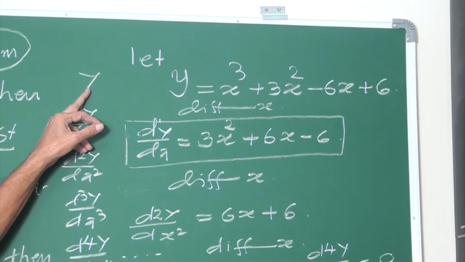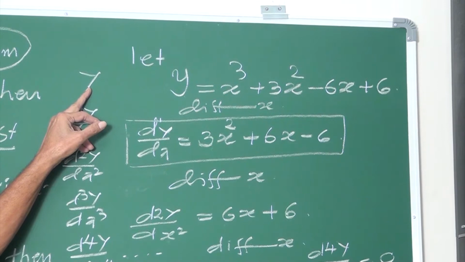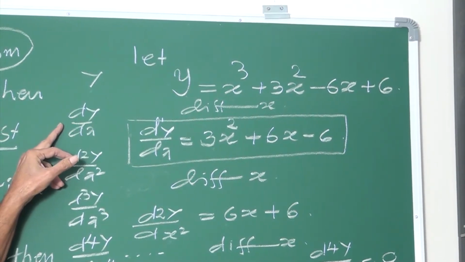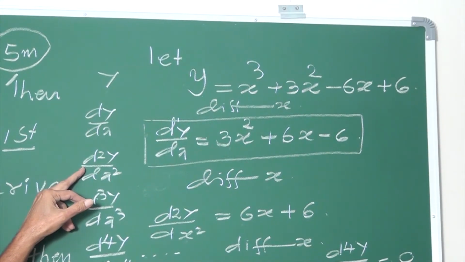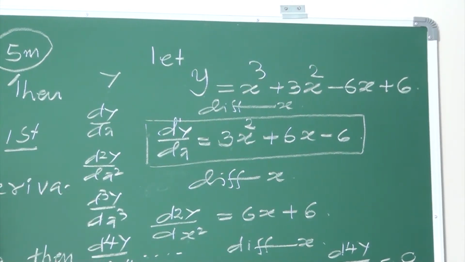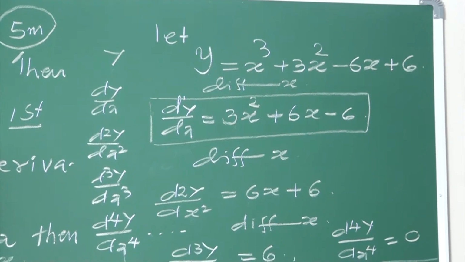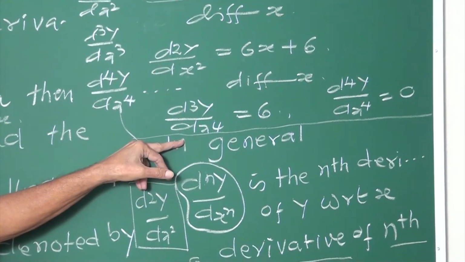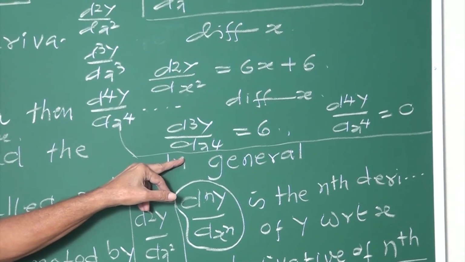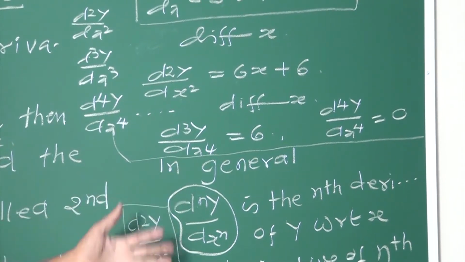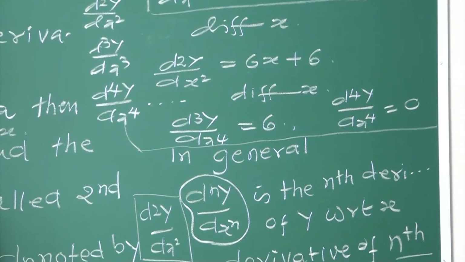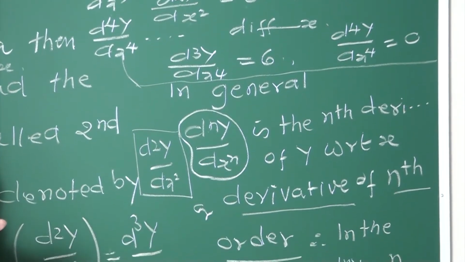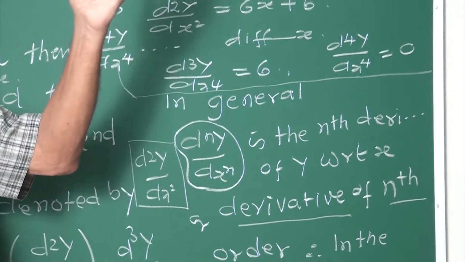Thus, my friends, if y equal to f(x) is a function of x, then the derivatives dy by dx, d2y by dx2, d3y by dx3, up to dny by dxn, all these are known as the successive derivatives. Why successive? Even in the family, first son, next second son, next the third daughter, like that, 1, 2, 3.